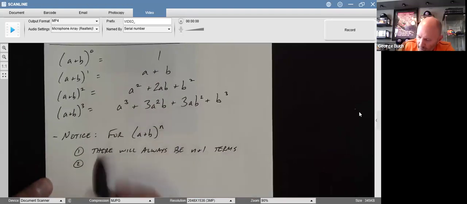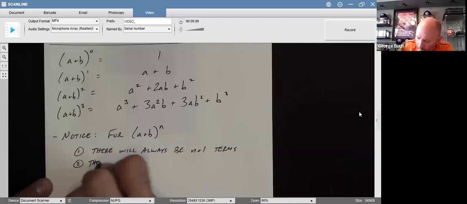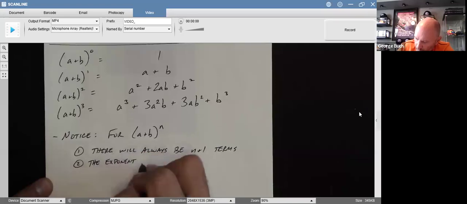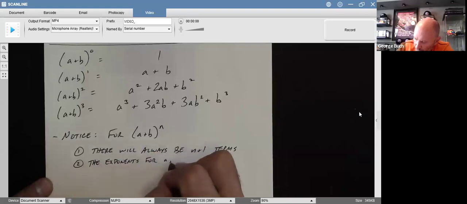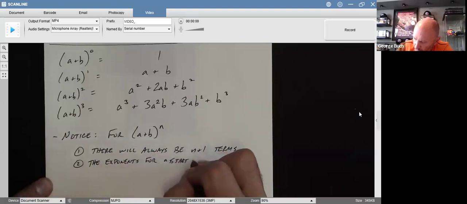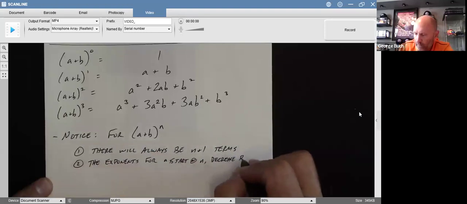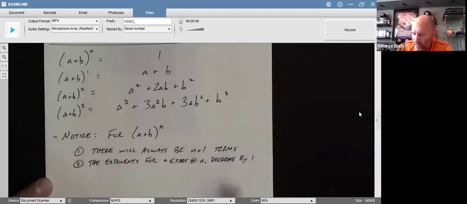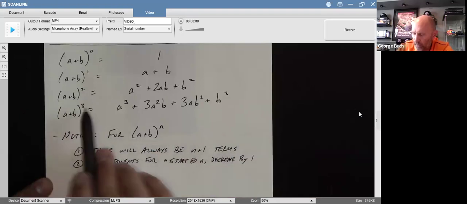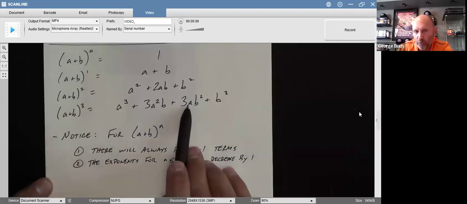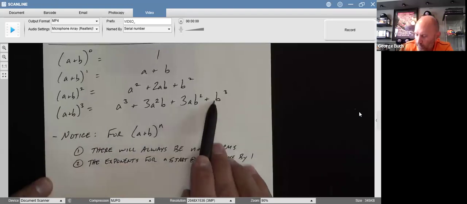The exponents for a start at n and decrease by 1. So here, n is 3, so it's a to the third, a to the second, a to the first, a to the 0, which is just 1. That's why it's not there.